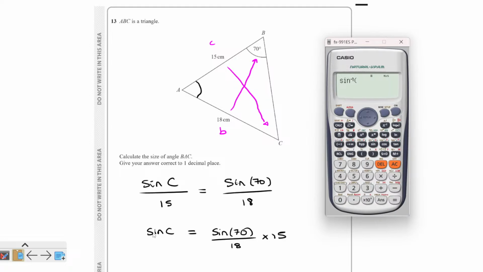So that will cancel out this sine here, just to leave me with angle C. And then within that, I'm going to put normal sine 70 over 18, then multiply that by 15, close the brackets. That is a fairly reasonable number, isn't it? You know it's going to be something between 30 and 90, really. So 51.543, I'm just going to write down a few of those decimals.